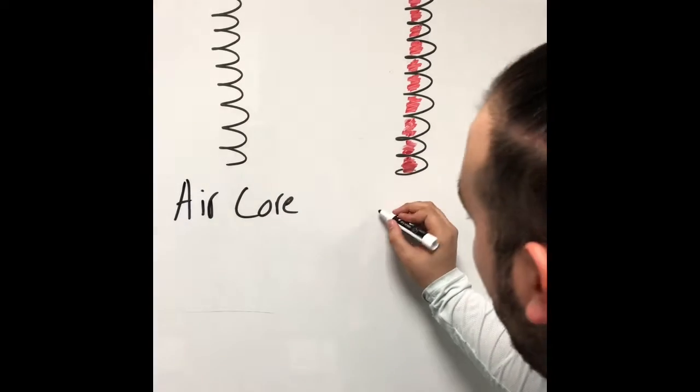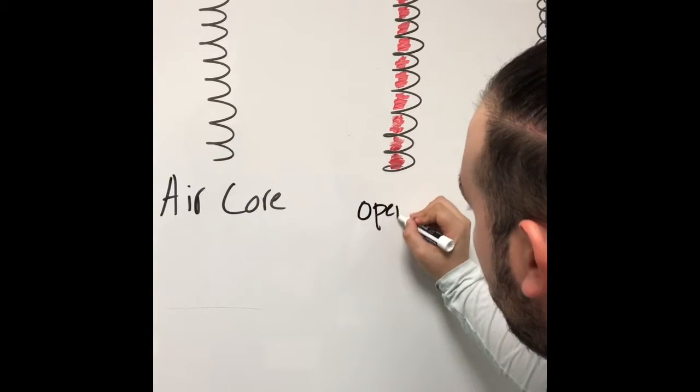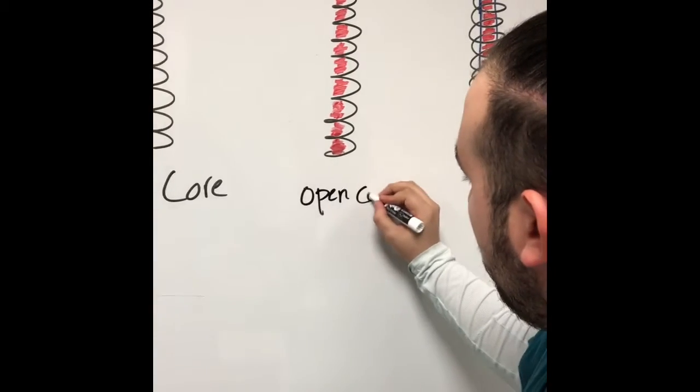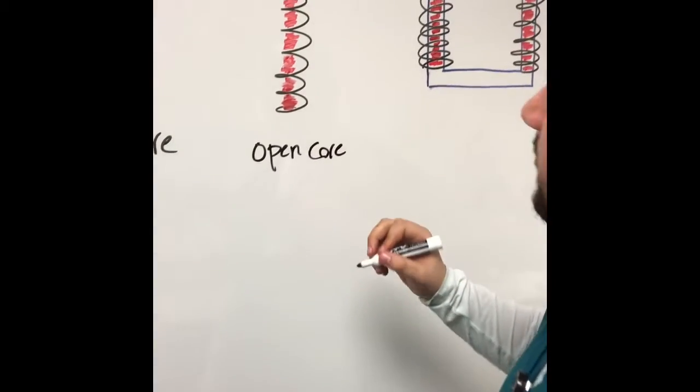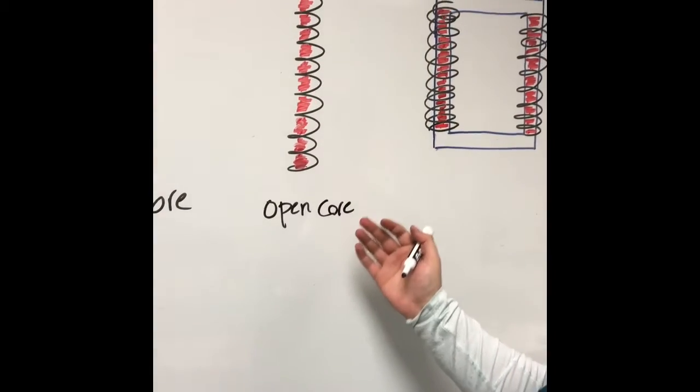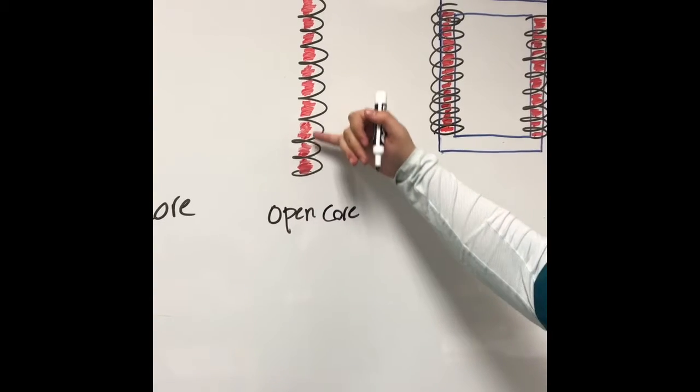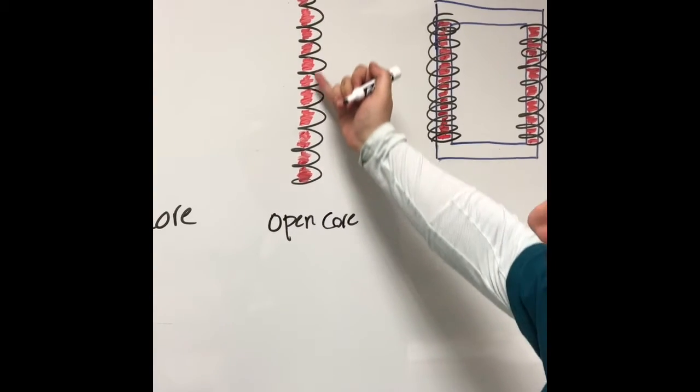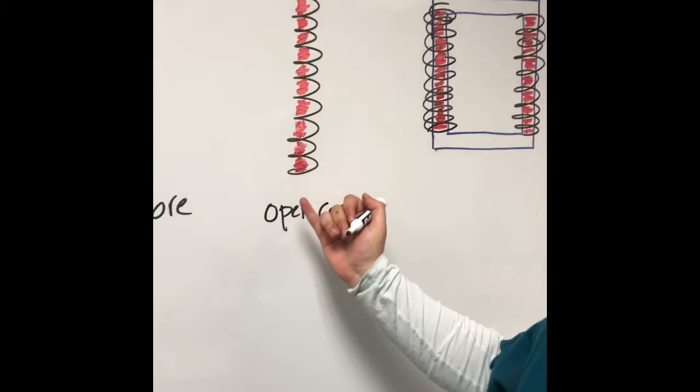Okay, so this is the air core. This is the open core, which strengthens the effect of the solenoid, which is the electromagnetic field, because it has an iron core running through the middle of the wire or coil.